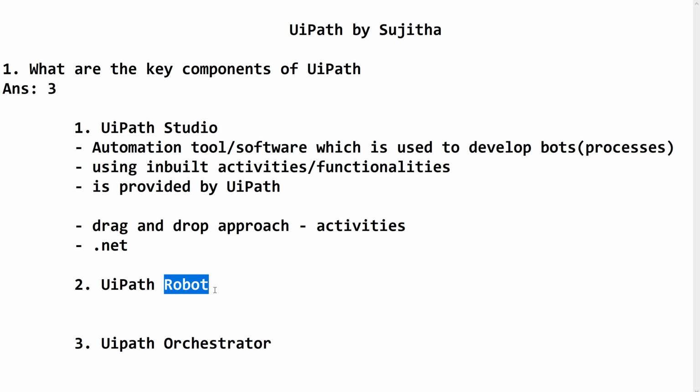In the same way, UiPath Robo is an executor or a host which executes the bots which are developed using Studio. So in UiPath Studio, we are developing some bots. That means we are automating some process, right? Those processes will be executed by this robo. Okay, so it's very clear.